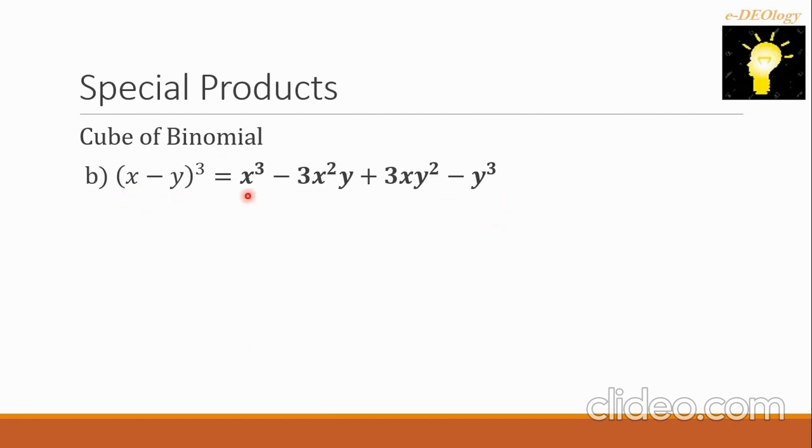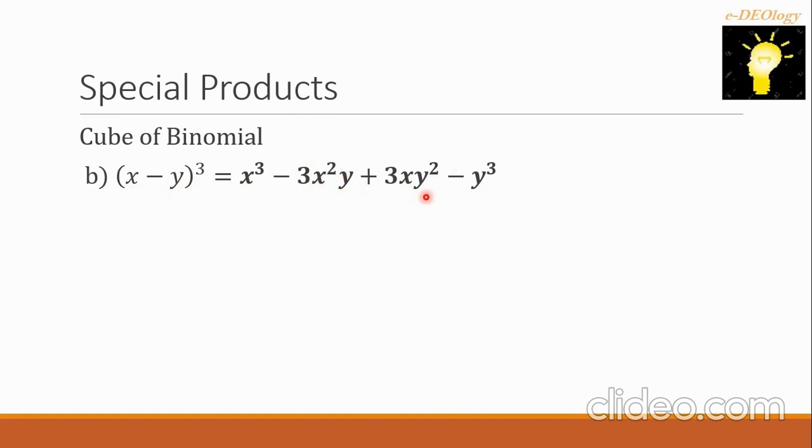The first term is x cubed. It comes from the x here, that is raised to 3. And then minus the constant 3 is here, and then x squared. This is the x that is squared, followed by the y. And then plus another constant 3 will be there, and then the x, that is the first term, and then the y squared.